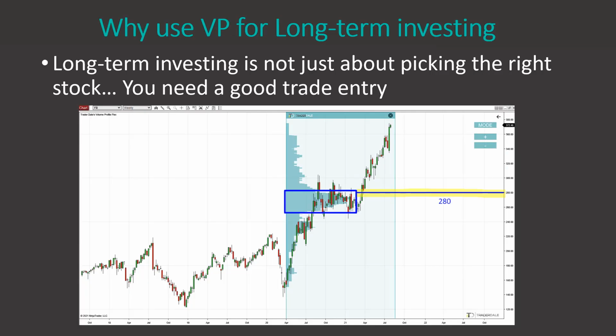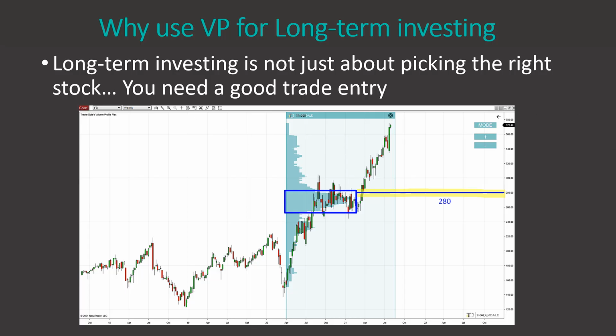Now, why use volume profile for long-term investing? The internet is also full of guys who do a lot of fundamental analysis, like for stocks, and this is just one step. They do the fundamental analysis, they find the best stock to invest in, but the second step should be finding a good trade entry, because it's not really smart to invest in any stock you like.